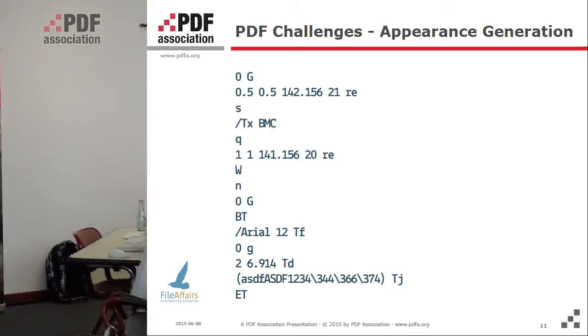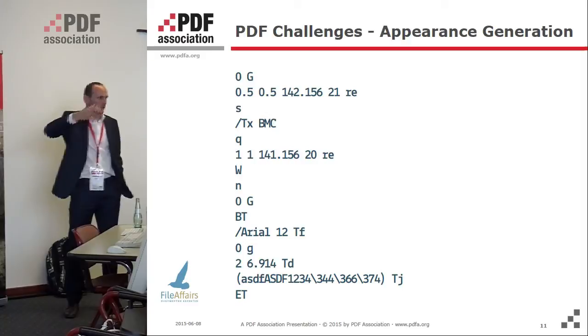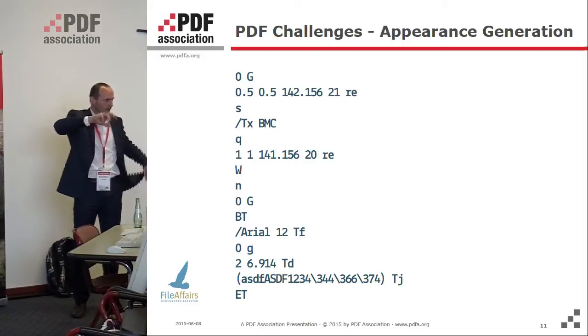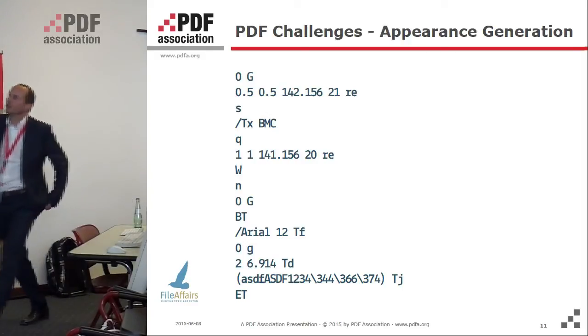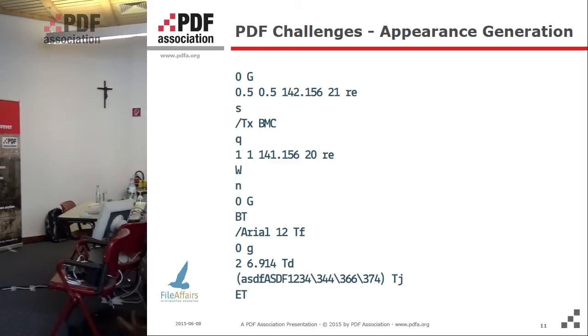For example, this information comes from the default appearance. So what it's saying is, look in the default appearance, that's a string, and in that default appearance, at least you need to have that Tf operator, which tells you which font resource to use and which font size. And it might have some other operators. And that needs to be copied into the appearance stream.